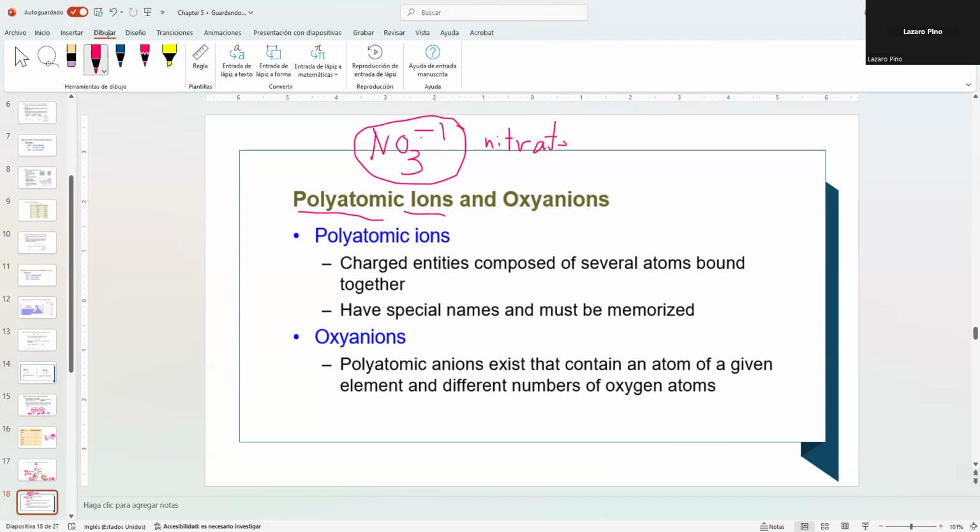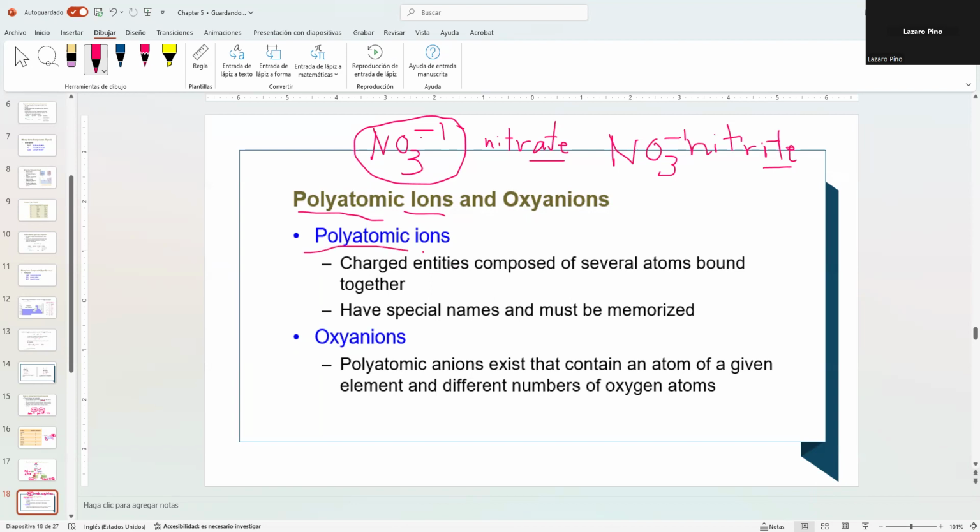Ending, in this case, in "ate." But we also have NO2 -1, that is nitrite. Why does the ending change? We are going to speak about that later.